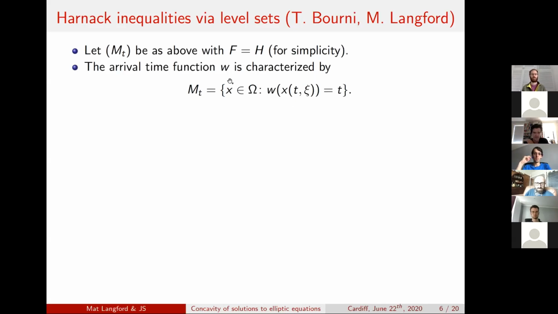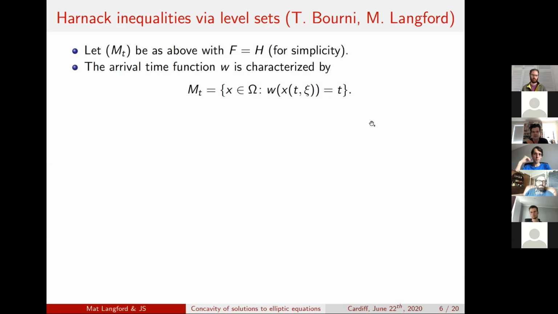Then you can make sense of the following function, which is called the arrival time function. It is defined on the ambient space. So Omega is a subset of R^n, and you define W at a point x to give you the value, the time at which the flow arrives at this particular point. So in total, your hypersurface can be characterized by this set here.